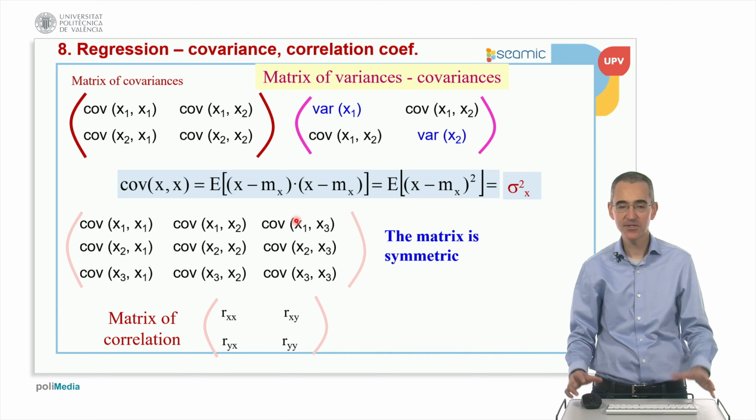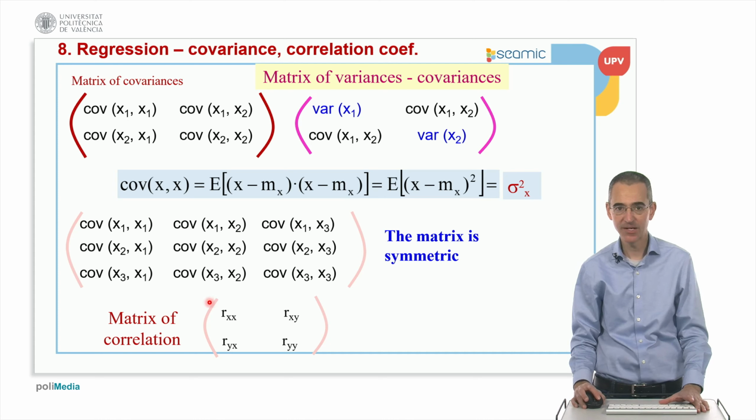Okay, so we also have another matrix called the matrix of correlation. It's the same, but instead of covariance, here we have the correlation coefficient. So that would be the correlation coefficient of x versus x, x versus y, y versus x, and y versus y. It turns out that the correlation coefficient of one variable versus itself is always 1.